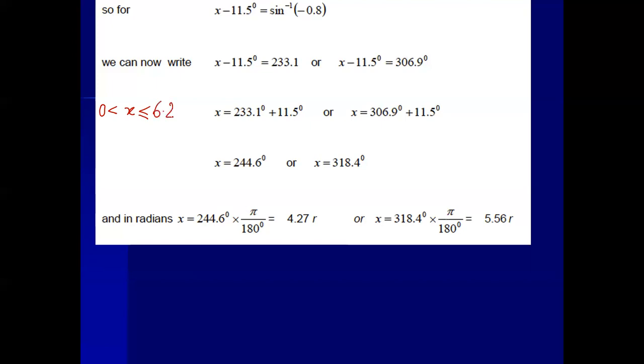So the answer that you need to give me has to be between 0 and 6.28. Is that the case here? Yes. Is that the case here? Yes. So if during a test you come up with something bigger than 6.28, ask yourself a question. Have I done the right thing here? Because they've told me that my answer should be between 0 and 6.28.